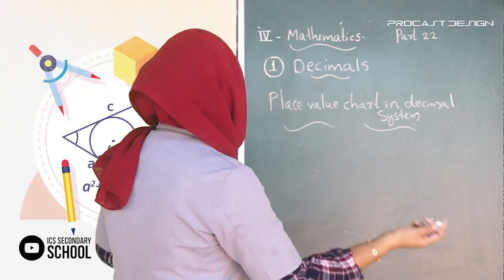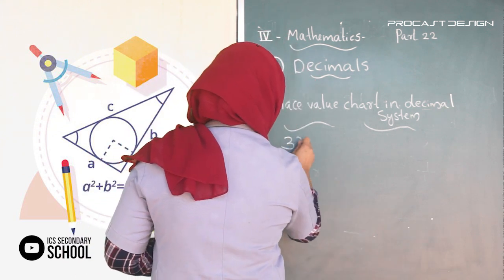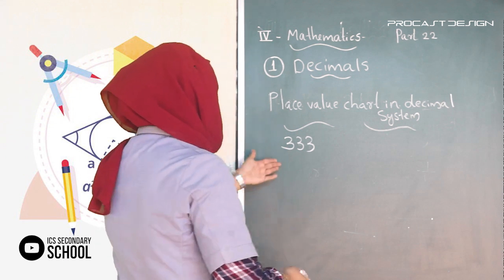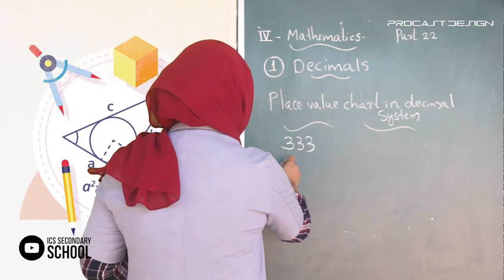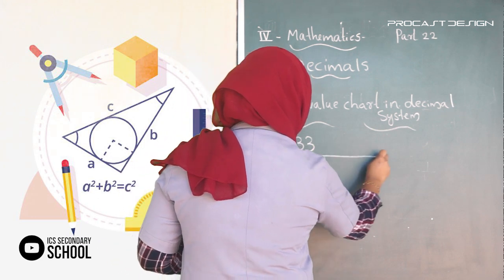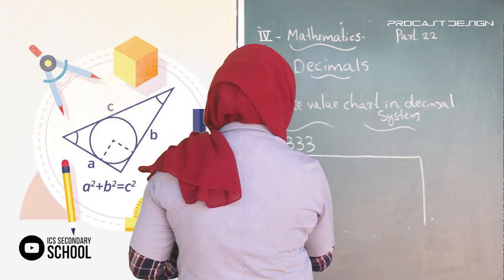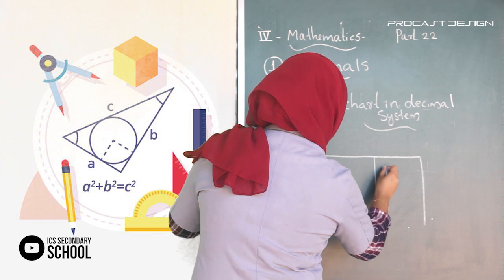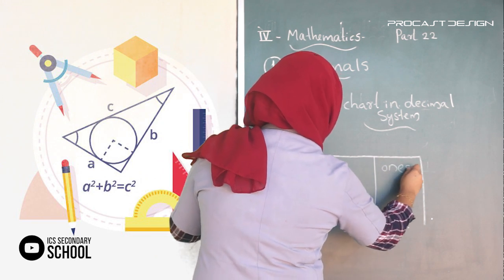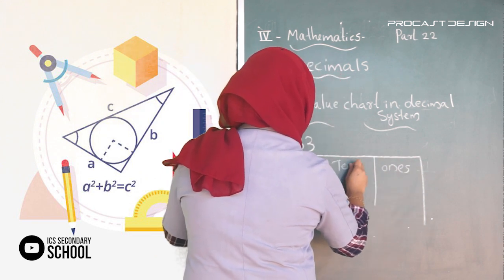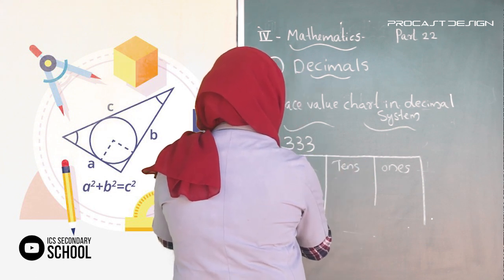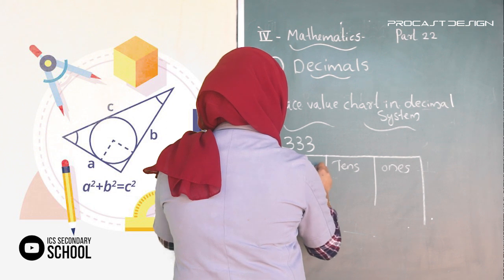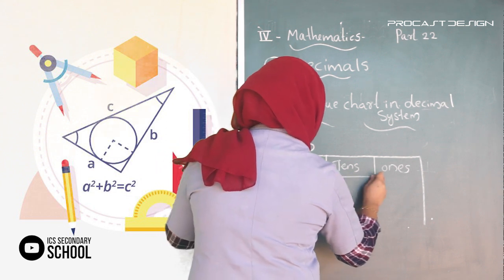Before that, I will write an example. This number is 333. So we can write the places: ones, tens, hundreds.